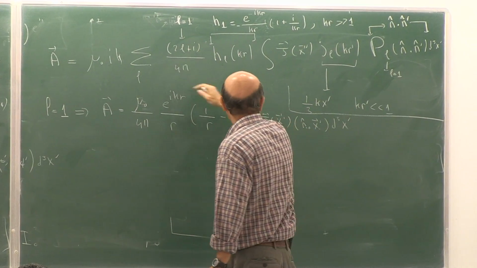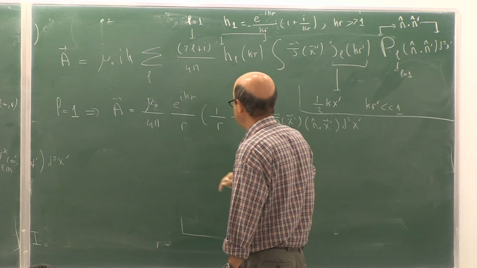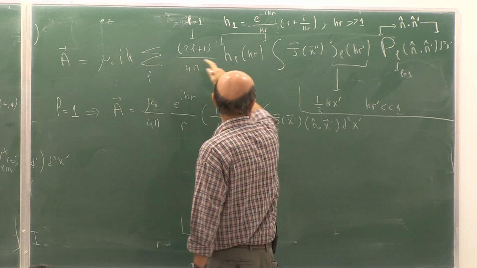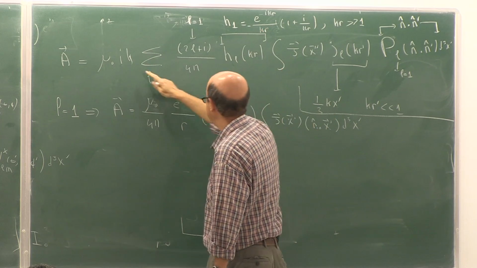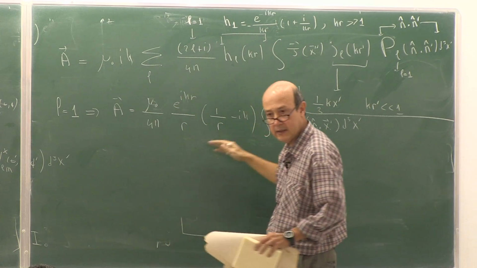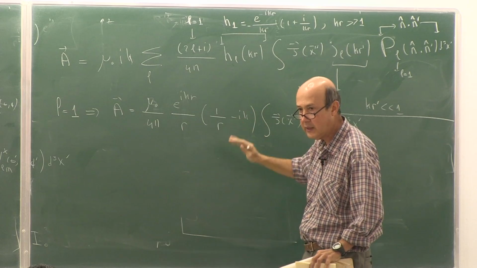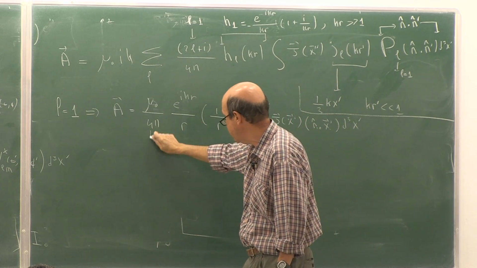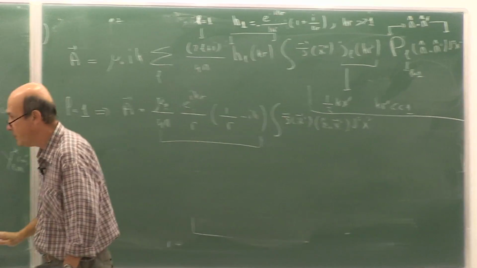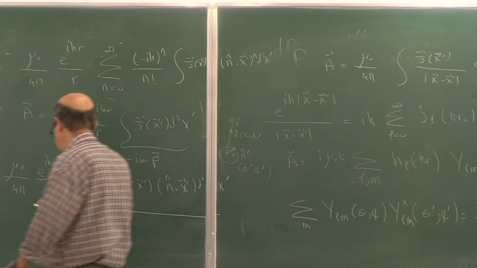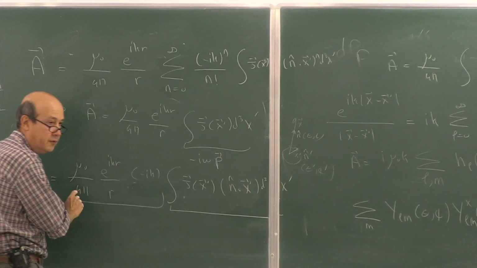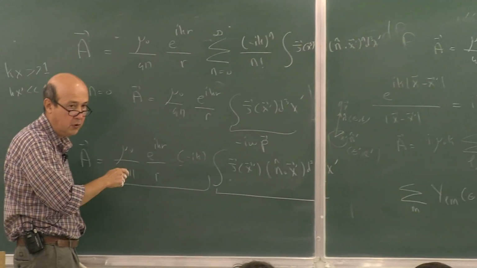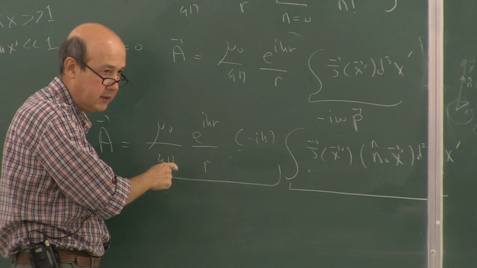You have 3 and 3 will be cancelled. You have k and k, one of the k's cancel, distribute the ik inside, and you will get this. So this is guaranteed. You look at these steps, you will find it very easily. But the only difference between this term and that term is what? What is the difference between these two coefficients? They are not exact, but almost exact.